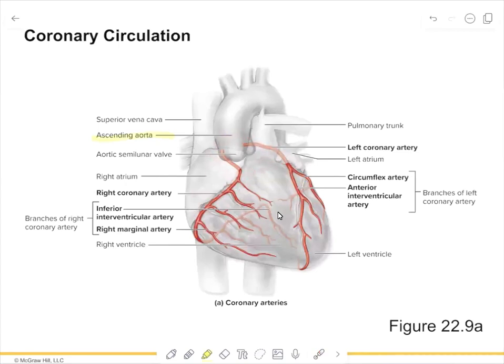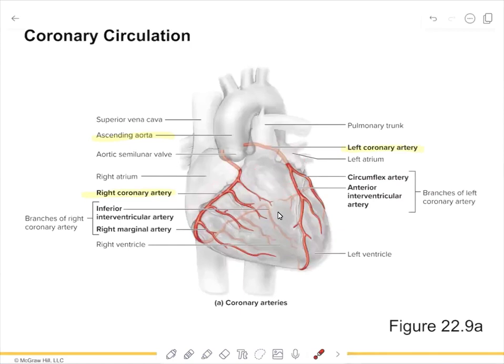On the right side of the heart is the right coronary artery, located just in this vicinity right here. On the left side of the heart, we have the left coronary artery between the left atrium and the left ventricle. Now, there's branches off of each of these.